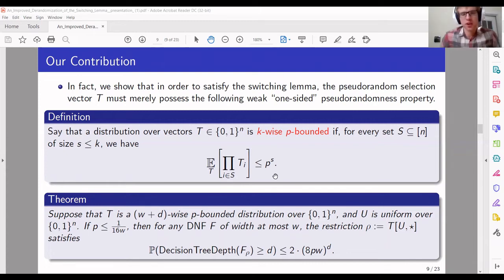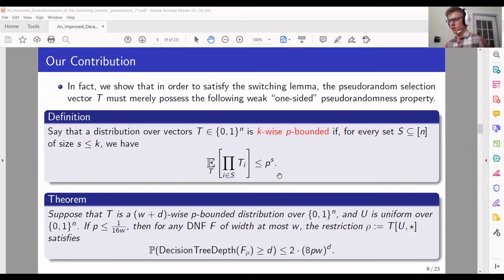You should compare this to the truly random case, where we have, say, a product distribution generating t with t_i equal to 1 with probability p in every coordinate independently. In that case, we have equality here for every set S, and here we're just asking that for a small set S, we have inequality.